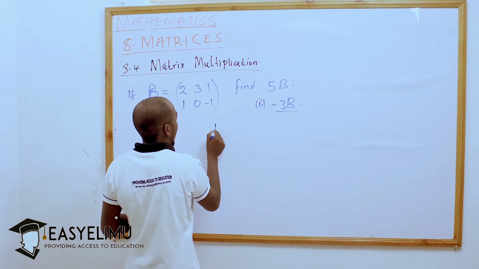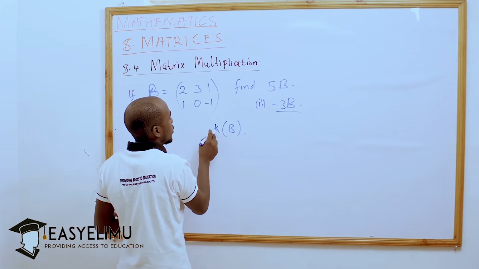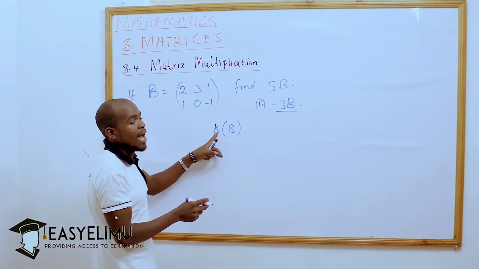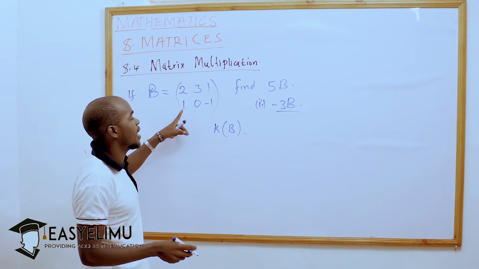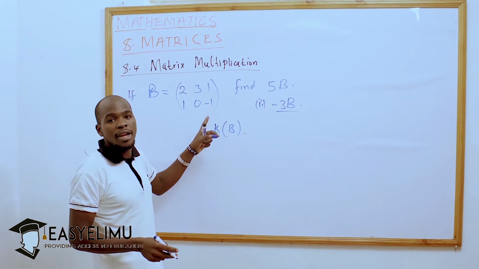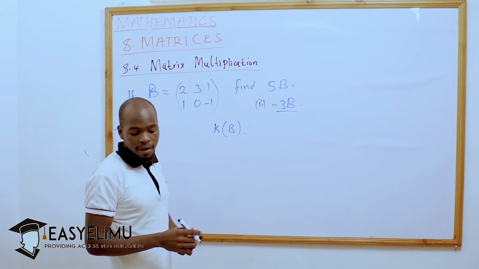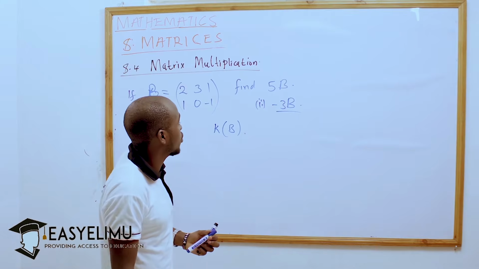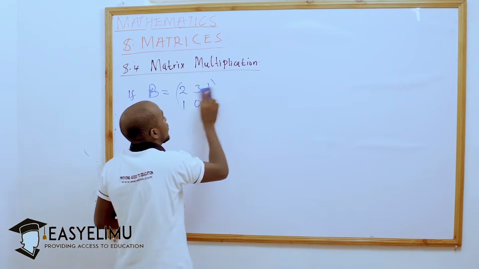It's like just having K times B, so if you have K as a scalar, you multiply it through the entire matrix, with every element in the matrix. So you will find out what you will have there.